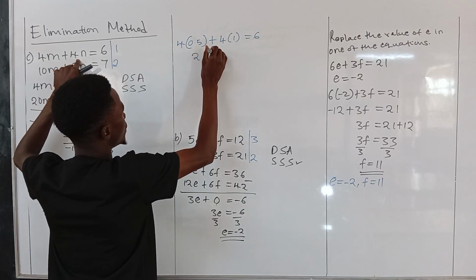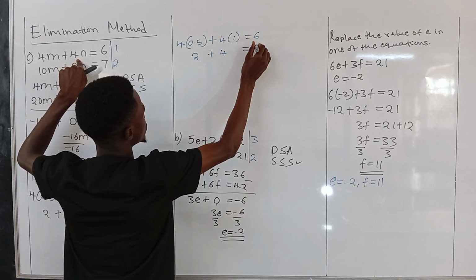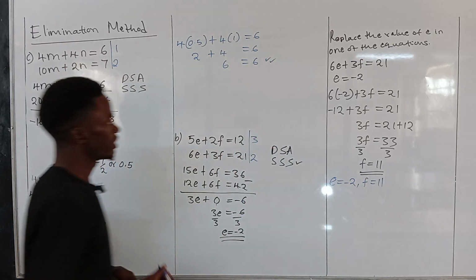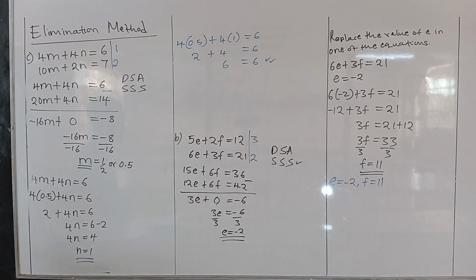So it is 2 plus 4, which equals 6. So 6 is equal to 6. So that means our equations are right.